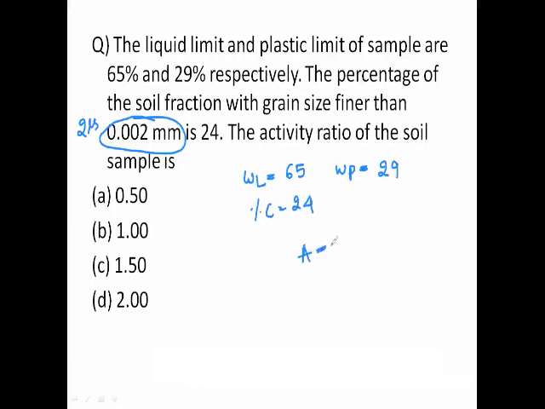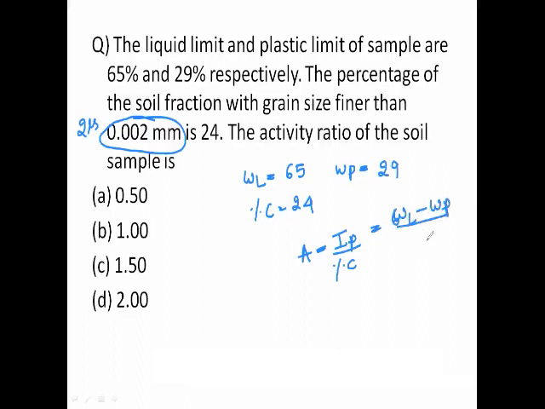We know that the activity ratio is simply IP divided by the percentage of clay particles. So what is IP here? IP is the plasticity index, which is obtained by the difference WL minus WP.